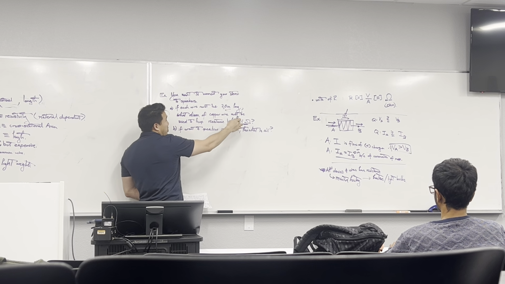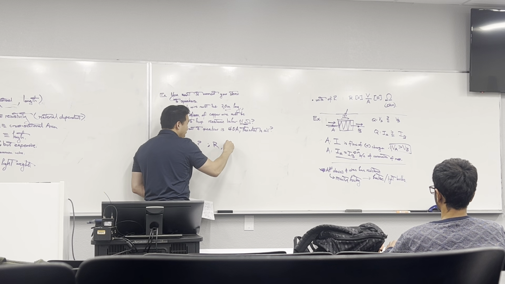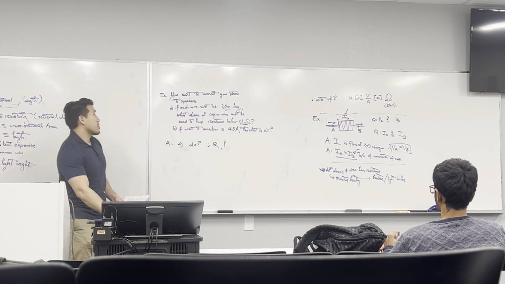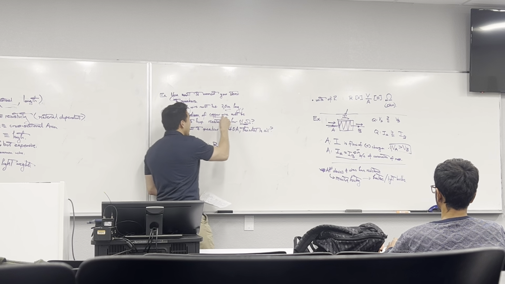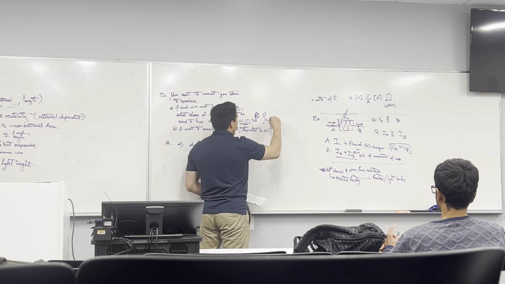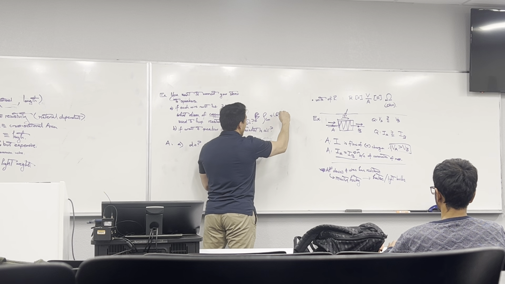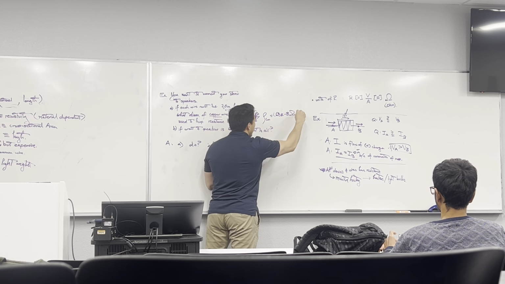But the information that we're provided, we have a resistance value as well as a length, as well as we're specified copper. Here, let me give you the resistivity of copper. So rho copper is 1.68 times 10 to the negative 8th ohm meter.